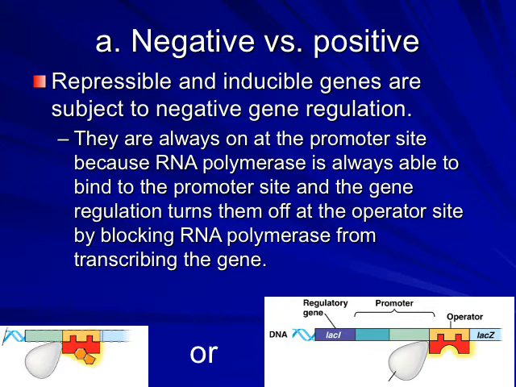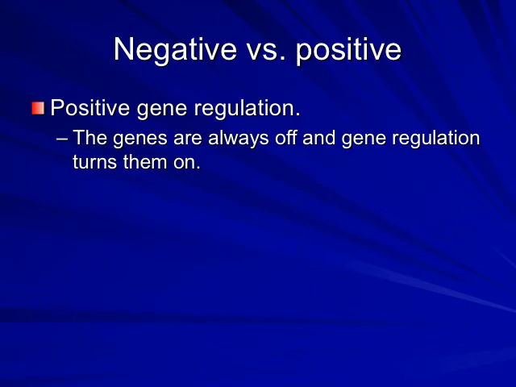So you've got that picture on page 366 of your books. In both of these cases, the RNA polymerase is blocked. Positive gene regulation is where the genes are always off, and then the gene regulation turns them on. So again, in positive regulation, the genes get turned on.